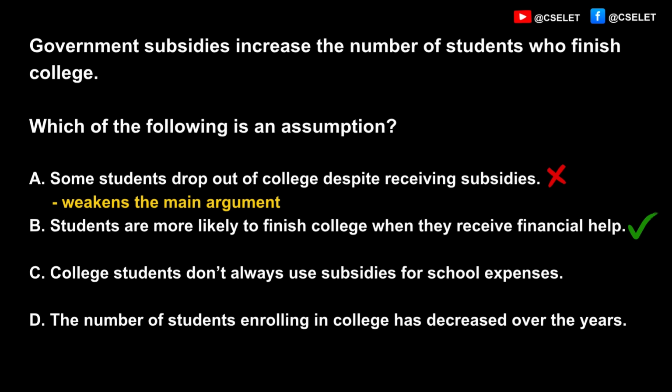Letter C, college students don't always use subsidies for school expenses. Sa letter C naman, introduces a new issue, misuse of funds, which challenges the effectiveness of the subsidies. Therefore, ibang usapan na to. Parang nagdadagdag siya ng duda dun sa epekto ng subsidy. Therefore, it's not an assumption.